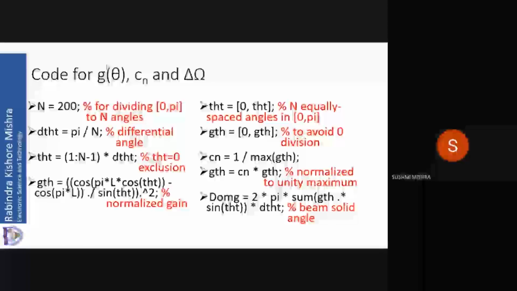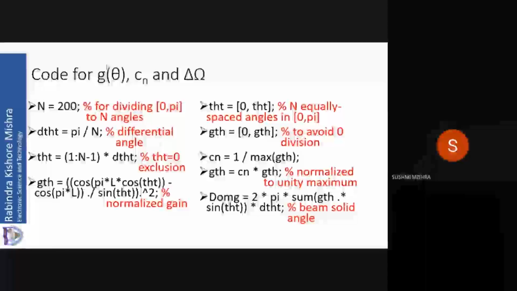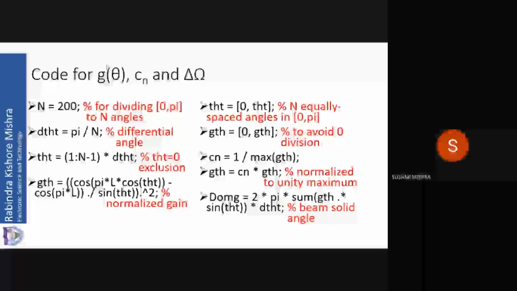So dot caret 2 is the sine square. Sine square is sin(th) dot caret 2. Dot caret 2 means each theta is squared. Then before that is dot slash. That means each value of the numerator for each theta value is divided by the corresponding value of the denominator squared.